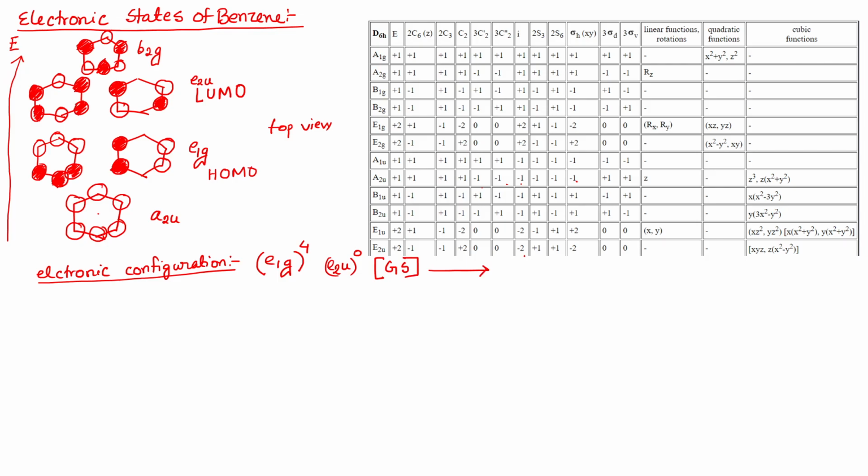So that belongs to which state? That ground state has everything doubly filled. So A1G, right? Totally symmetric.